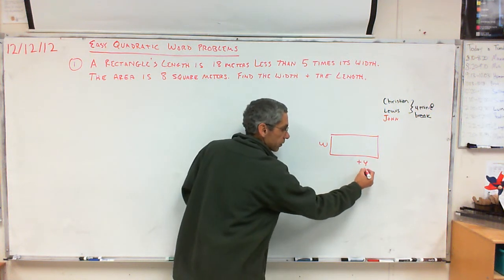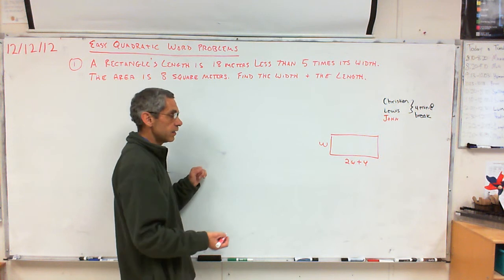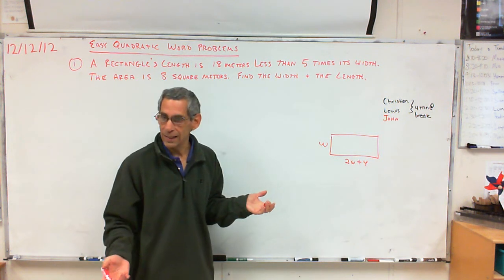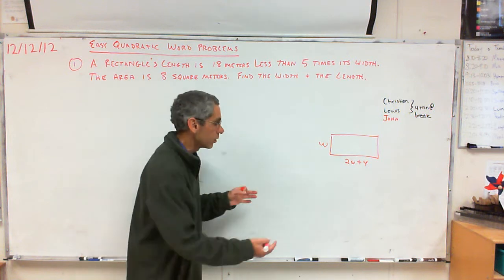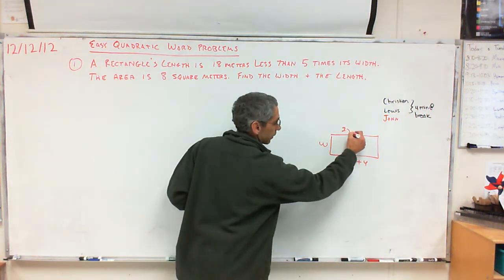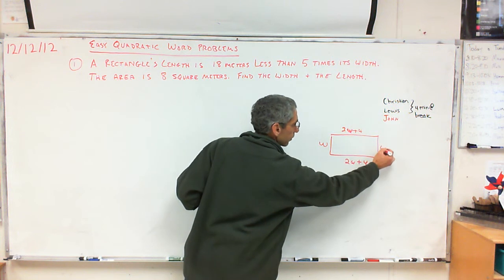And I said, if the perimeter is 18, find the dimensions. The length would be 2w plus 4, and this would be w, right?